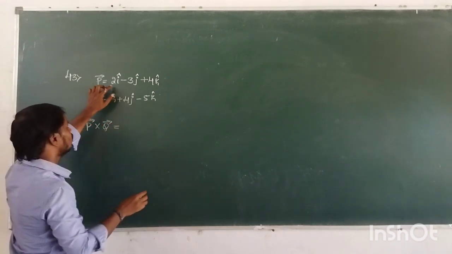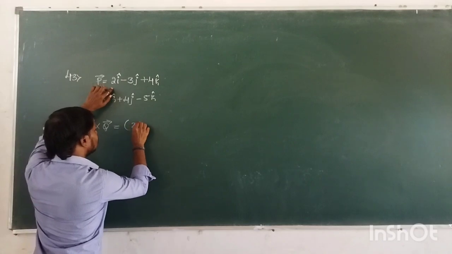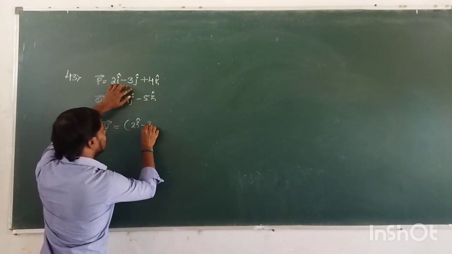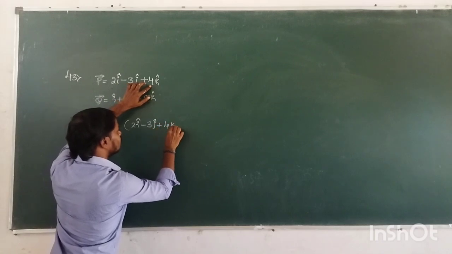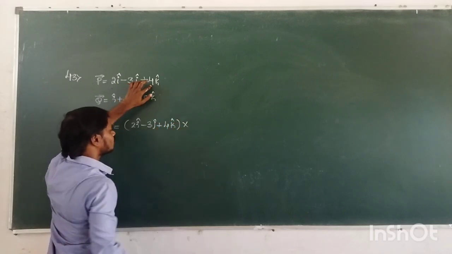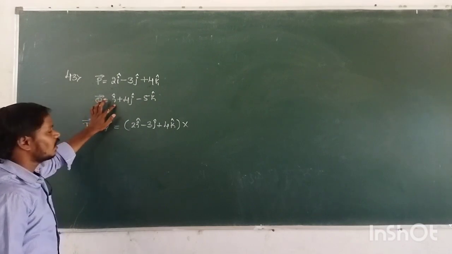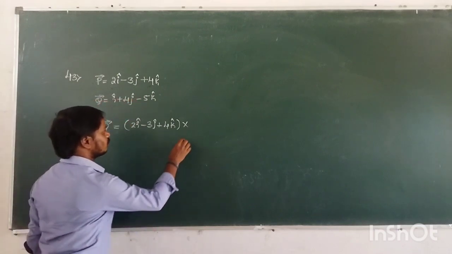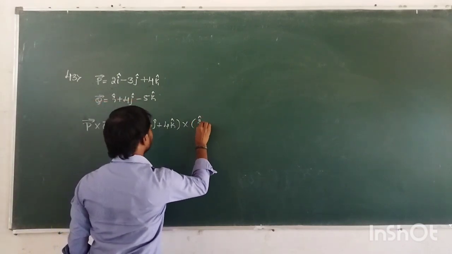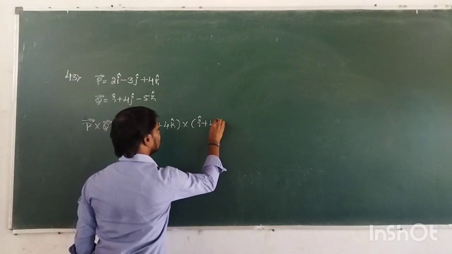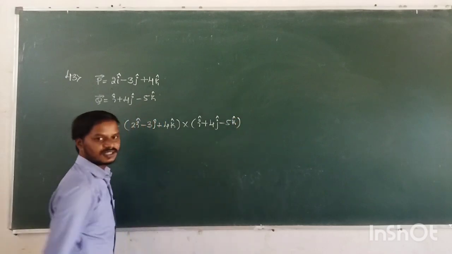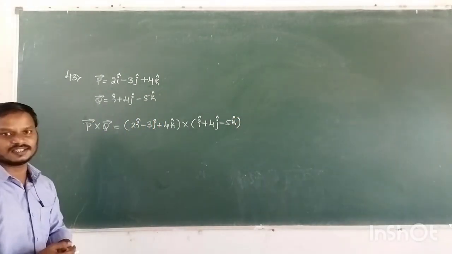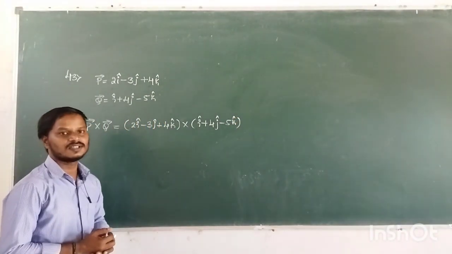Vector p is 2i minus 3j plus 4k, cross vector q, which is i plus 4j minus 5k. Now we use the distributive law.